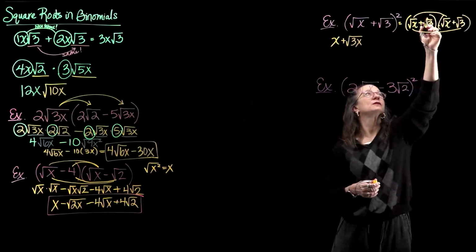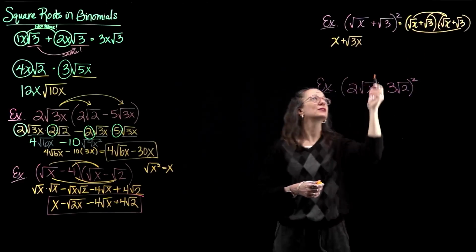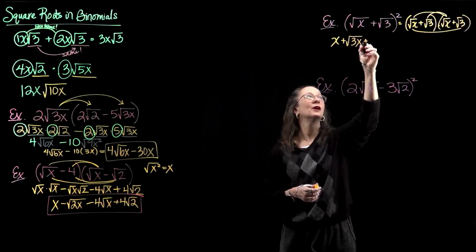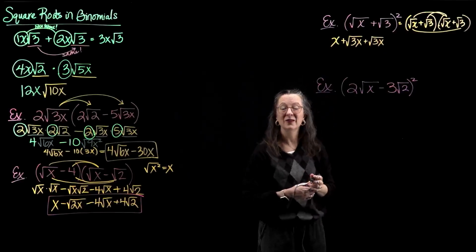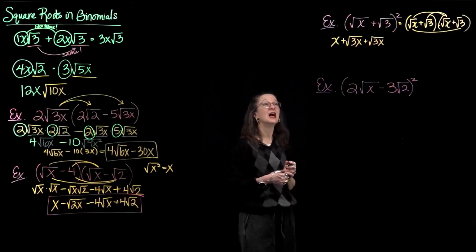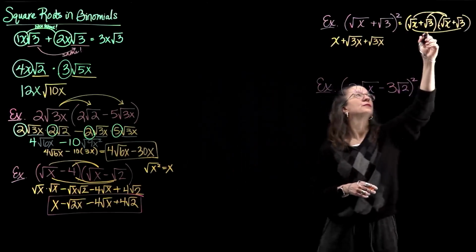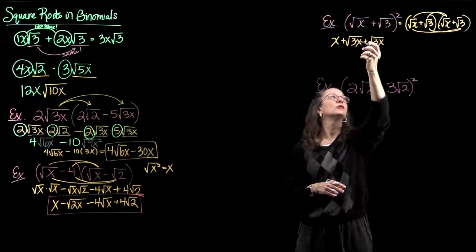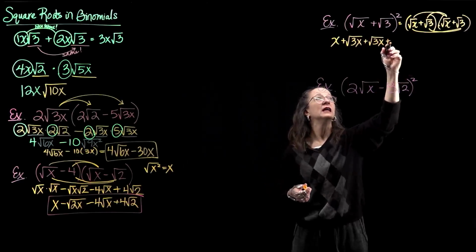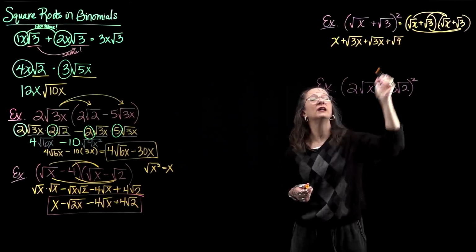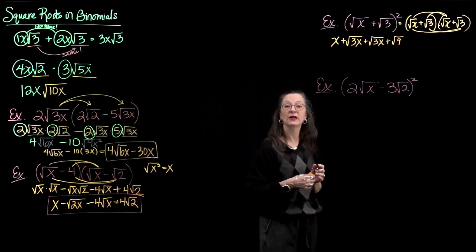Inside terms, I have a square root of 3 times the square root of x, which will give me, again, square root of 3x. And then last terms, square root of 3 times square root of 3, which would be square root of 9. And I'm going to go ahead and write it down as square root of 9. We'll simplify that on the next step.